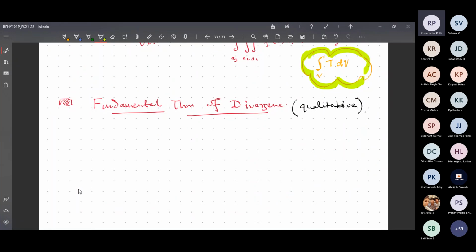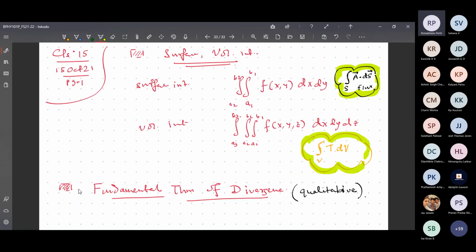Sir, why can't T be a vector? Because where is this thing? What thing will you take as a vector? If you don't take T as a scalar, on what basis will you do the integral of this thing? If I have a dot product of a vector, then the integral will come in this format. I can have a vector also, but T cannot be a vector.